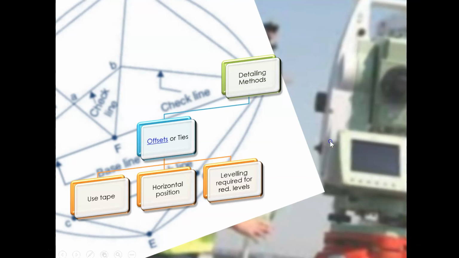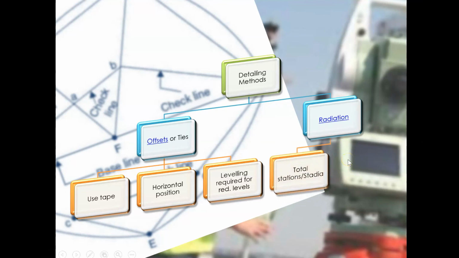And the second one, the most widely used and quite straightforward to employ if you have a total station, would be radiation. You either use your total station or your stadia method using what we call tachymetry.